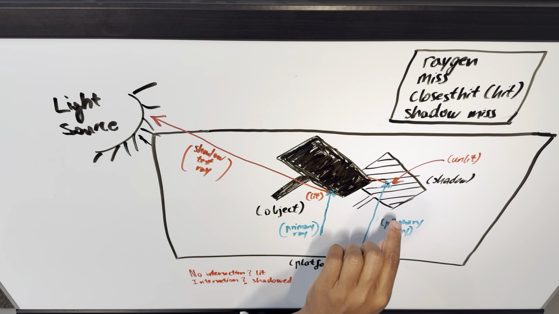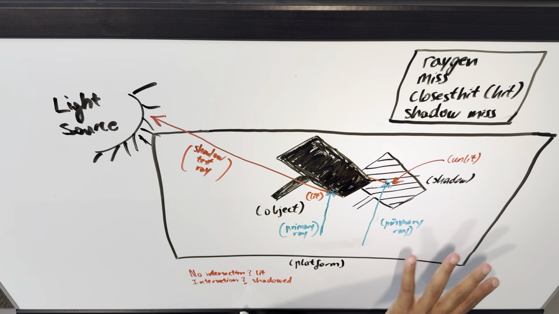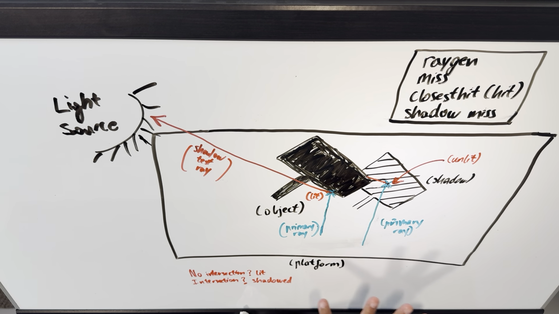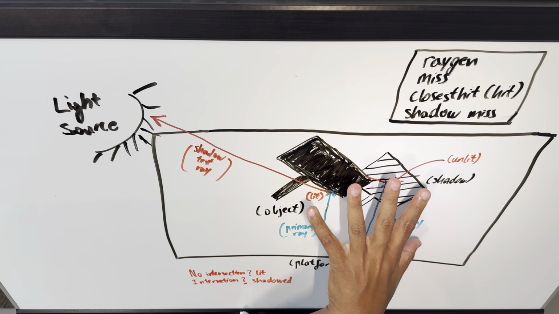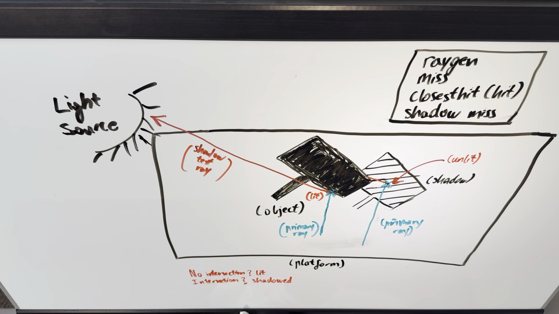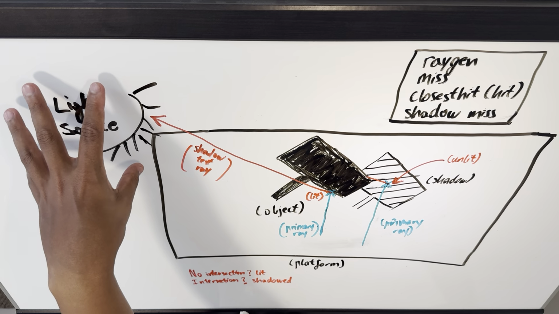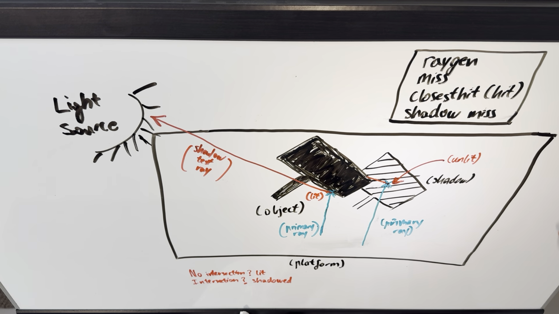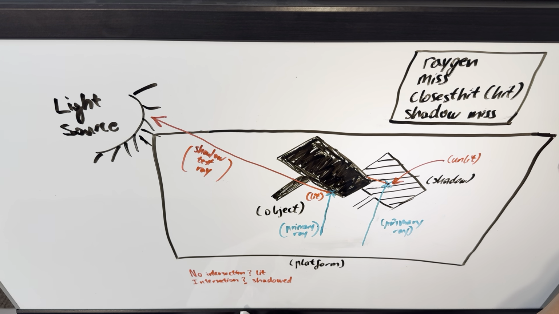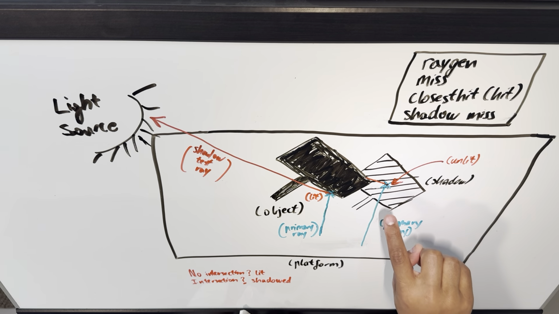Because every time we do a hit in any part of the space, we're doing a shadow test. And depending on where the light is and where the shadow test is being done, it determines whether this is a lit place or not. So for example, if the light source wasn't over here and the light source was over here instead, this point would be considered lit.